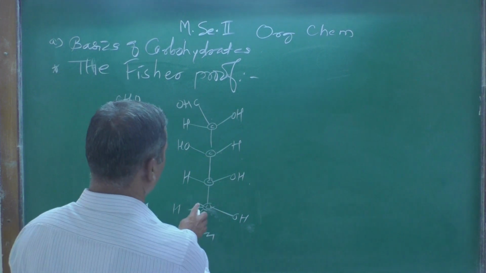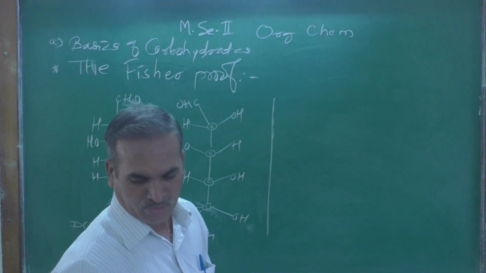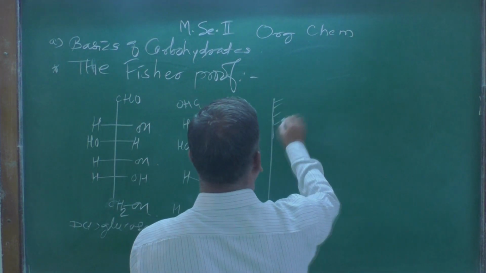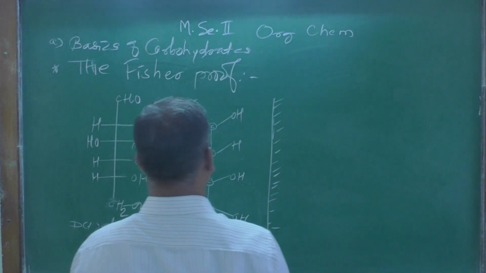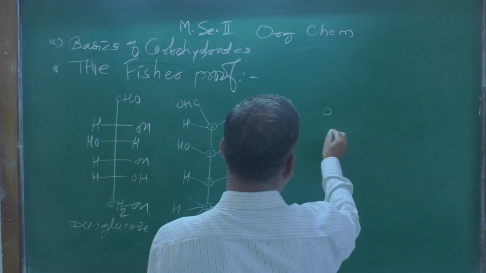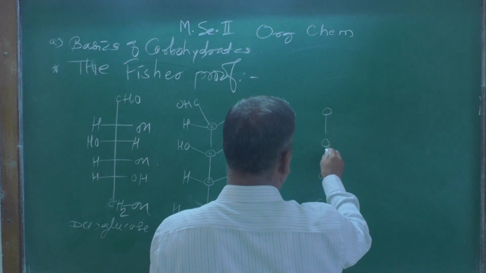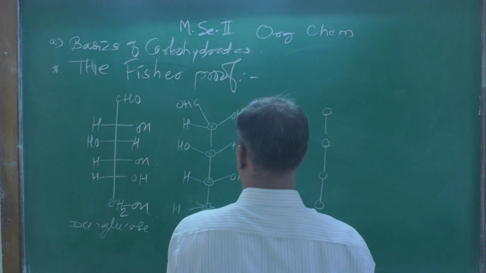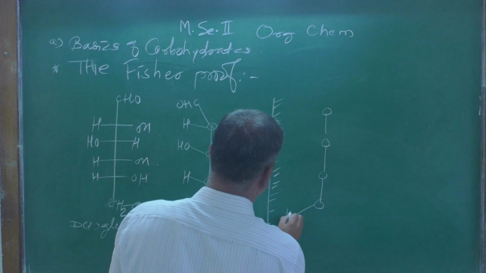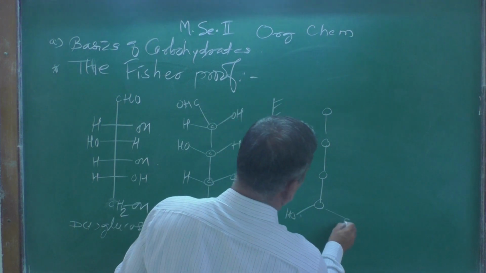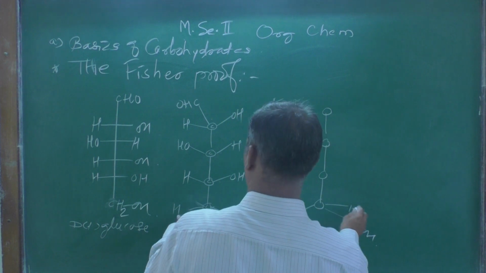This is a ball and stick model, and we can put a mirror here and see these images in the mirror. These 4 circles are as they are, joined by these bonds. The hydroxy group will come on this side, the CH2OH goes that side and the hydrogen atom that side.